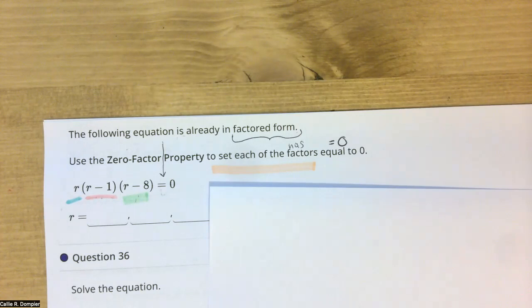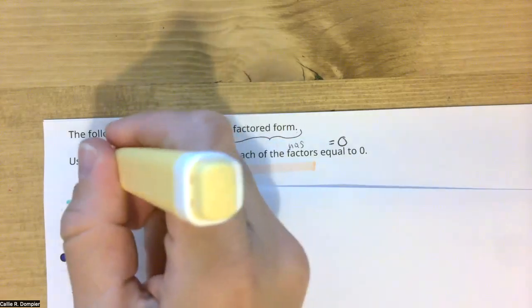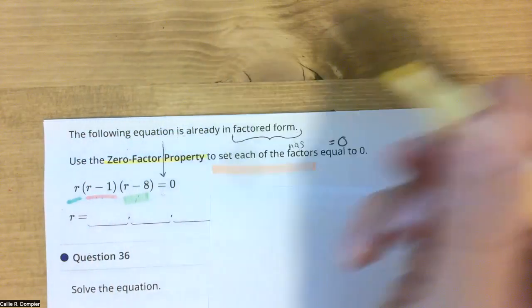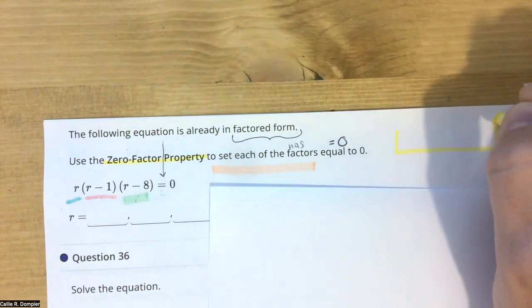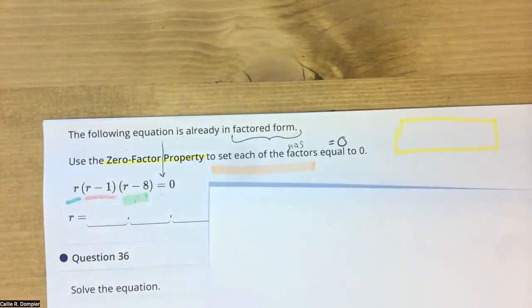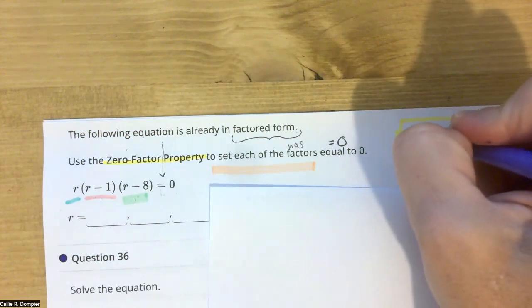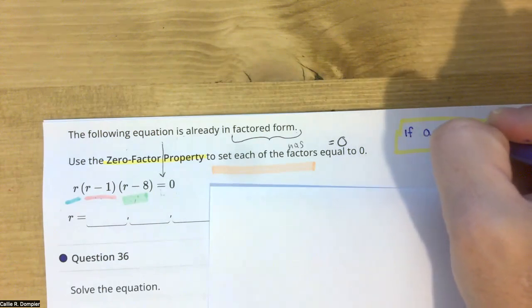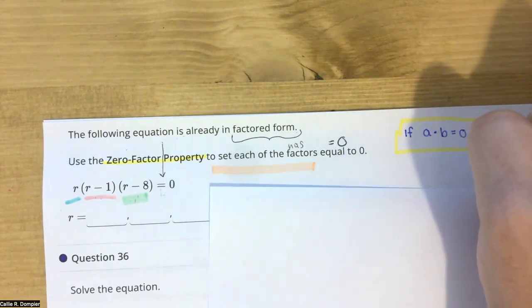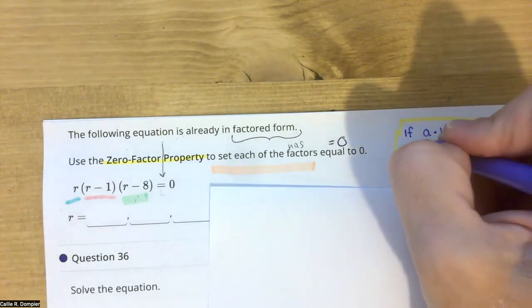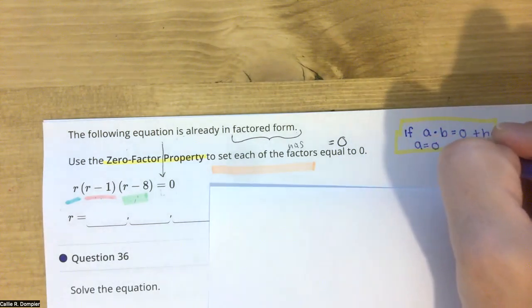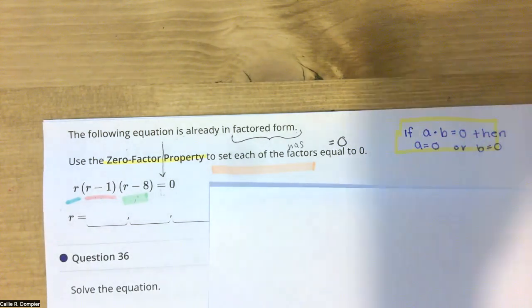Use the zero factor property. All the zero factor property says is, if A times B equals 0, then A equals 0 or B equals 0.